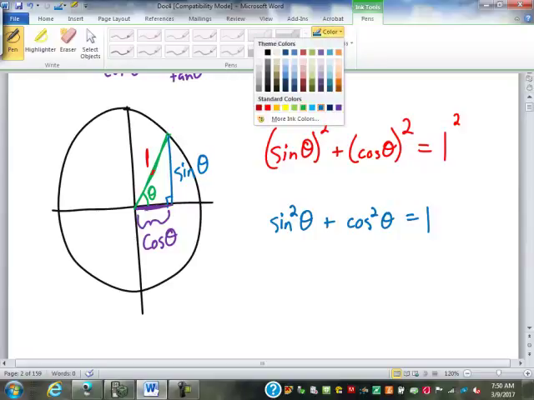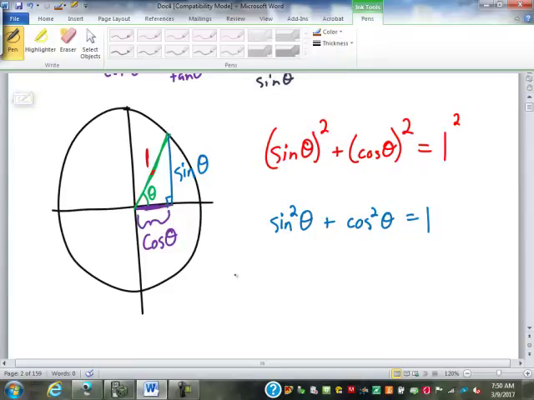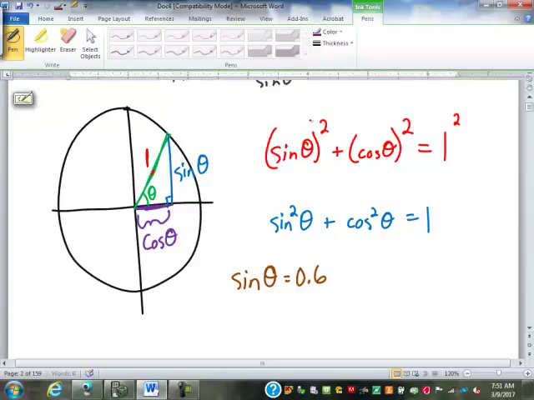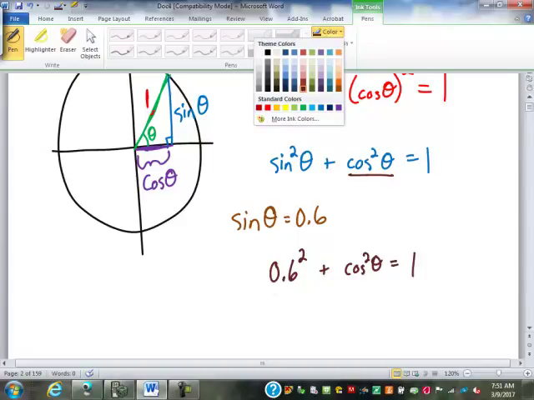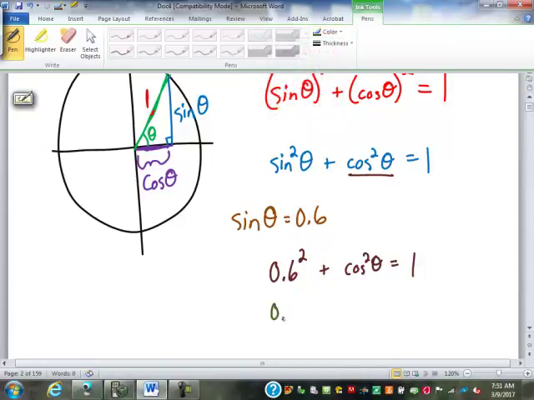But what this does for us is if I give you that the sine of an angle is 0.6, I can now find all the other trig functions for that angle. Because I can find the cosine right here, because 0.6 squared plus the cosine of that angle squared has to equal 1. So I can find 0.6 squared, which is 0.36.